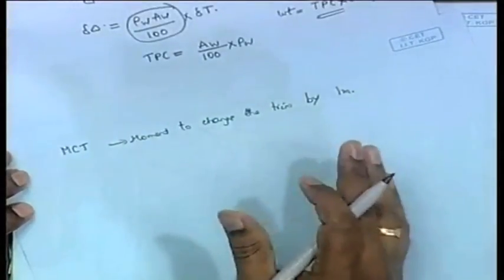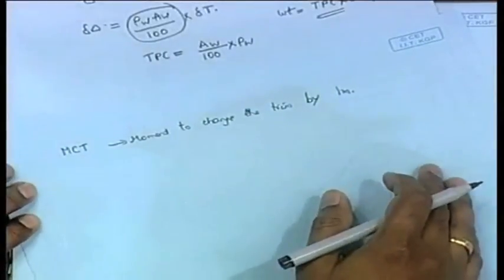Is it 1 meter or 1 centimeter? It is 1 meter, so it will be a large value. The moment will be large, you have to have a large moment to produce that trim. But it is defined as MCT.